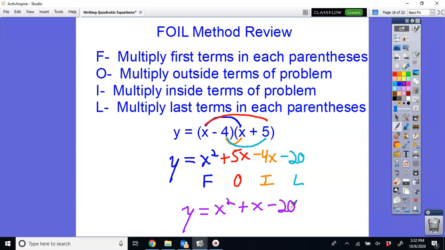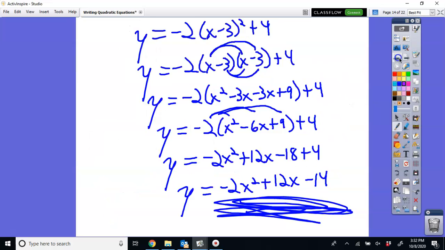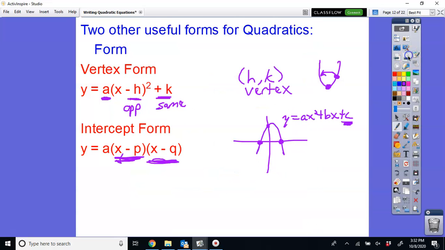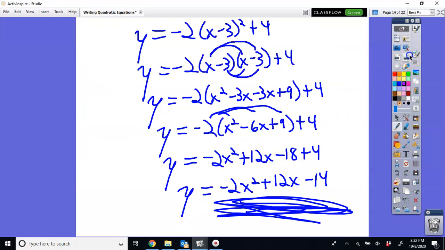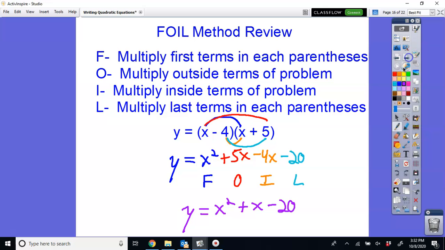So that's taking this, technically, what we call intercept form. Notice those two factors, like we talked about over here, make intercept form, because they will help us out with finding the x-intercepts later on. So we take those two factors and we multiply them together and we get standard form.